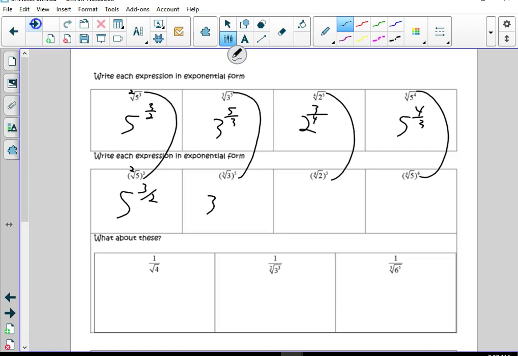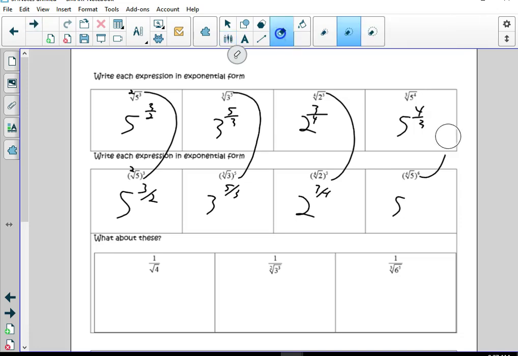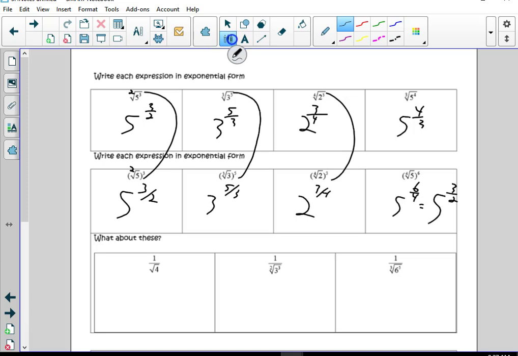This is going to be 3 to the 5/3. This is going to be 2 to the 3/4. And this is going to be 5 to the, oh, this one's different, my bad. You catch it. This one is different. Sort of. This one's a little bit different. This is 5 to the 6/4. But remember, we always want to reduce fractions. So that's 3/2. So that one's different. But the other 3, exactly the same.